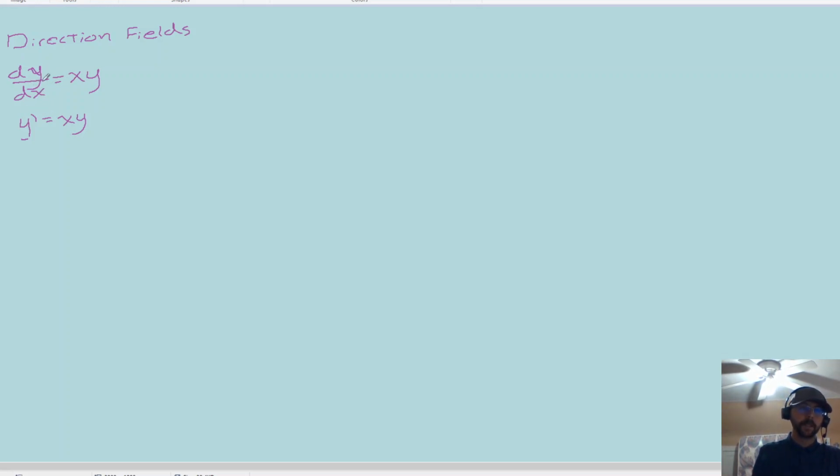So this form here is nice for certain methods of solving differential equations. So the first one, and this is probably where places usually start, is the idea of separable differential equations.